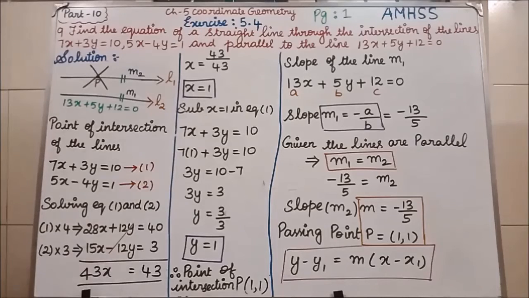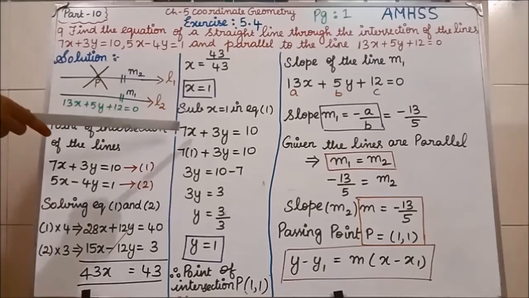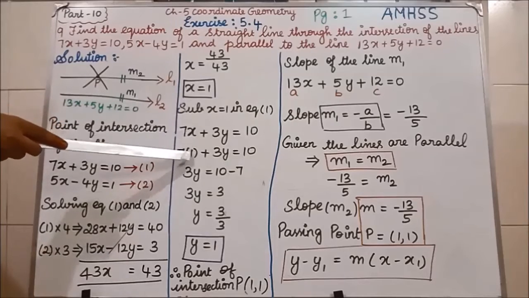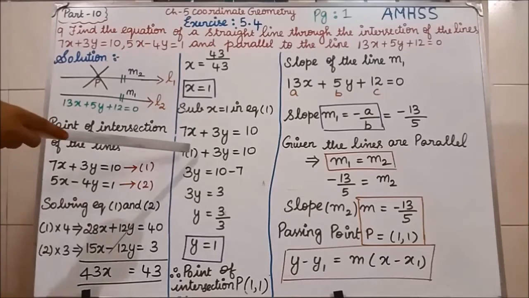So, if you cancel, we will get x equal to 1. Now, we need the y value, no? For that, we are going to substitute x equal to 1 in equation 1. If I substitute in 7x plus 3y equal to 10, that is our equation 1, instead of x I am going to put 1. 7 into 1 plus 3y equal to 10. 7 into 1 is what? 7.